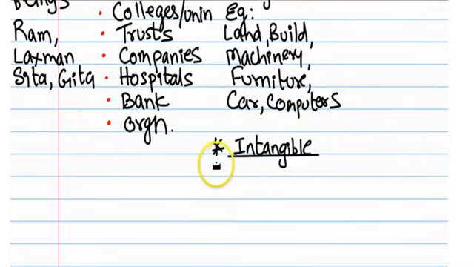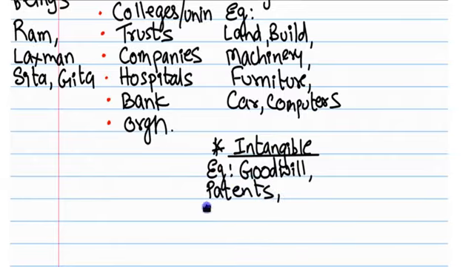The best example of intangible is goodwill, that is the reputation of a person or a business organization. Apart from this, several things like patents, that is technology, then trademarks, that is the symbols used by various companies. To use that particular symbol is a right of a particular organization.